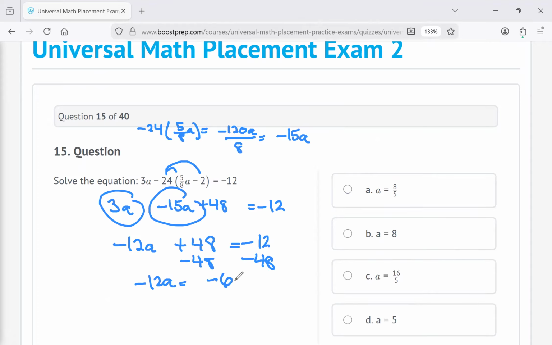It's -60. Divide this by -12. I get 5. So A is 5. That would be letter Z.